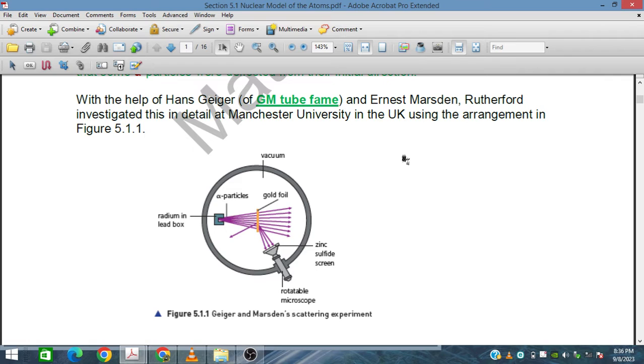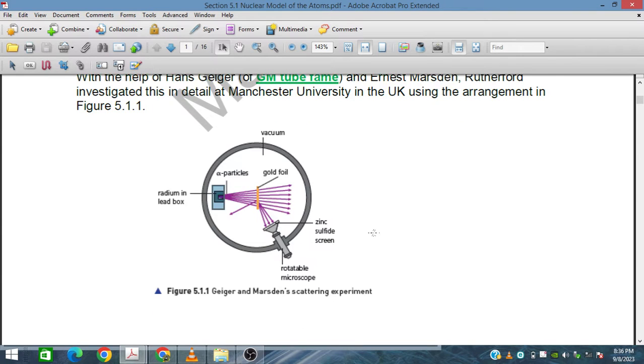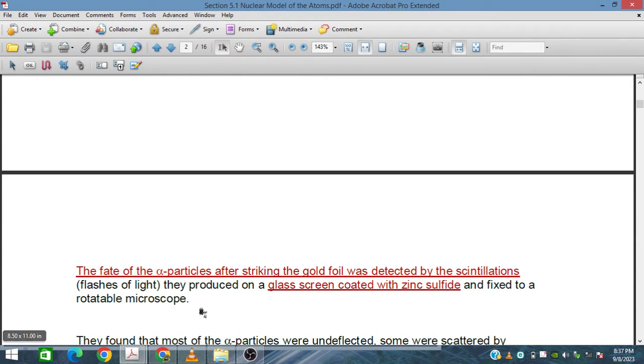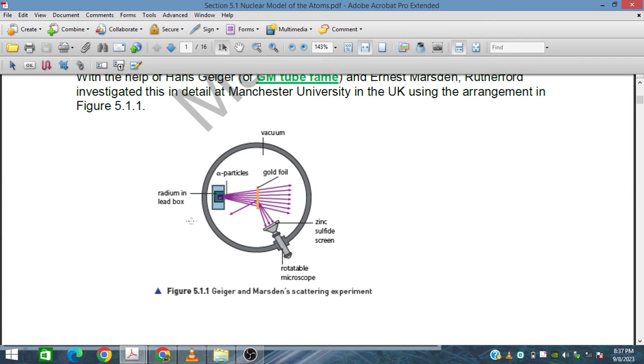Here we have an alpha particle source, which was bombarded on a gold foil, and the experiment was conducted with a rotatable microscope. The alpha particles were emitted from the radioactive source and hit the gold foil.